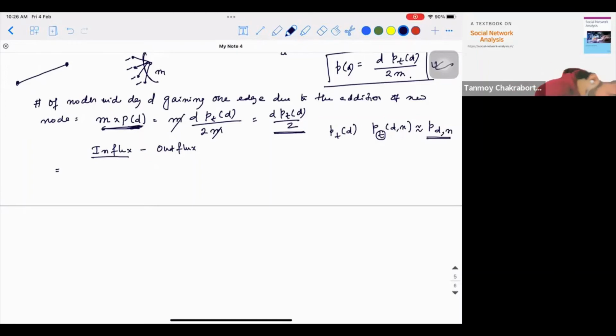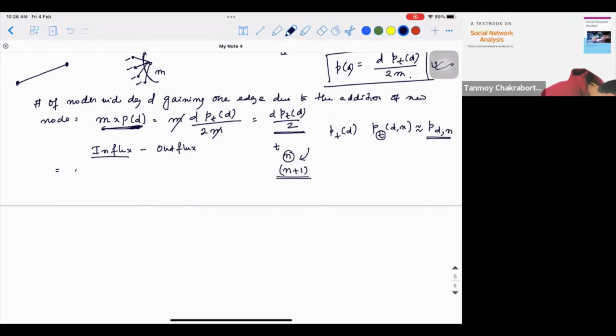Okay, so remember we had n number of nodes at time t. Okay, and a particular node has arrived, right? Therefore, now the total number of nodes is n plus 1, right? Now, among this n plus 1, how many nodes have degree d? That is influx. That's the quantity that we are interested in.